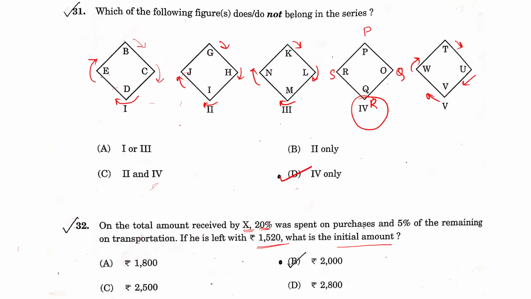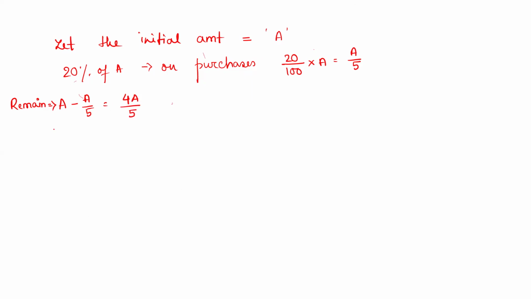Again, 5% of the remaining was spent on transportation. Okay, good enough. 5% of 4A by 5 on transportation.